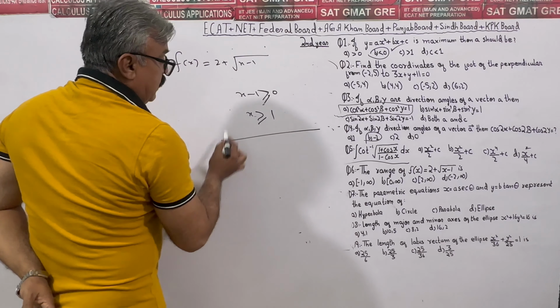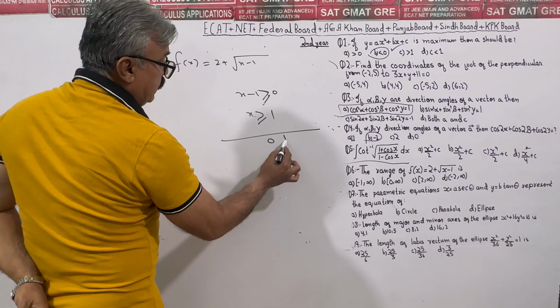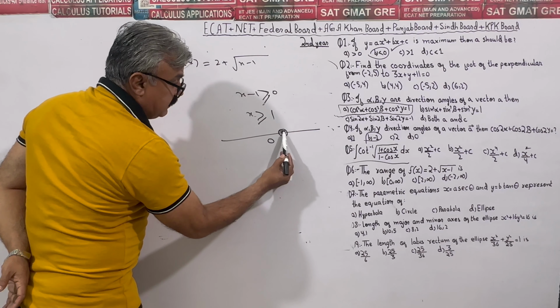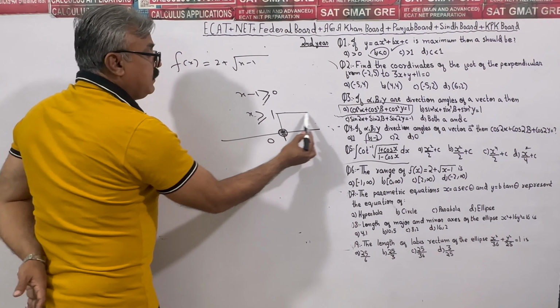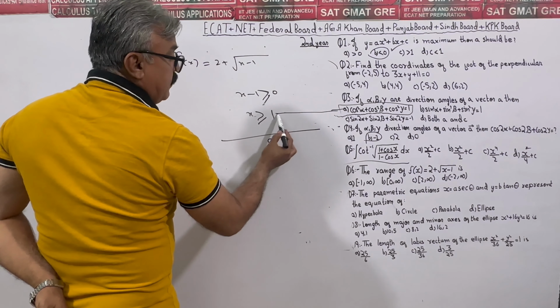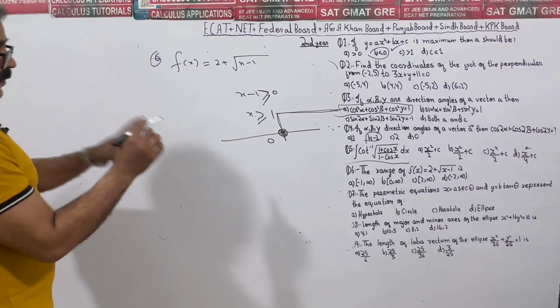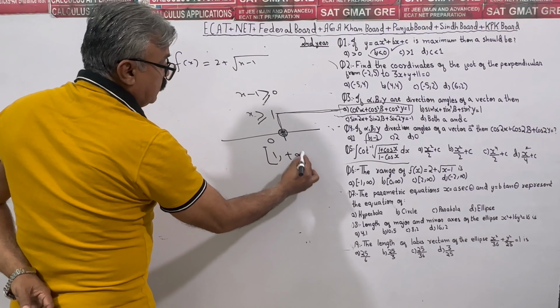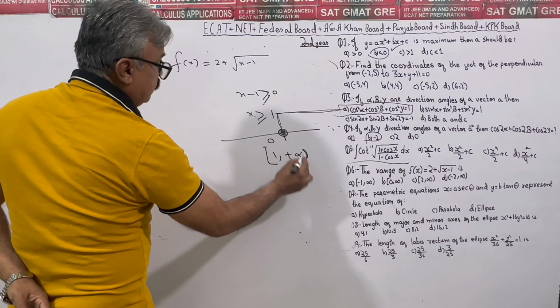How to write its domain? On the number line, 1 is inclusive, shade the 1, and go towards the right. That's our domain: 1 to positive infinity.